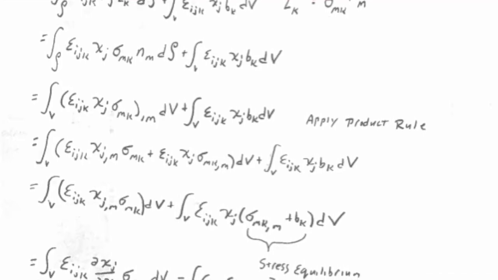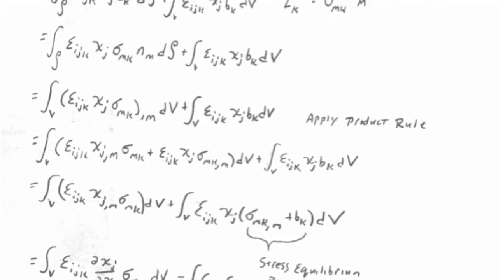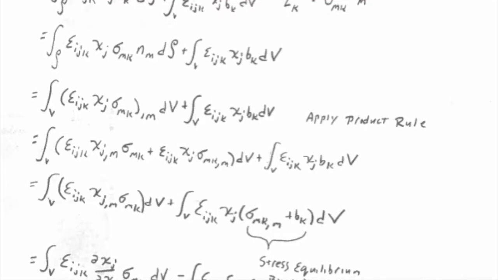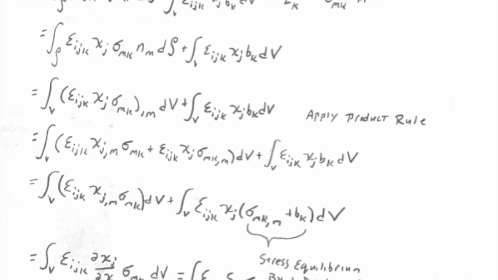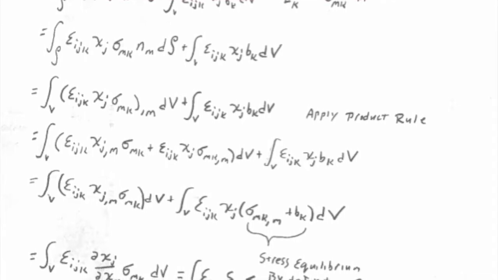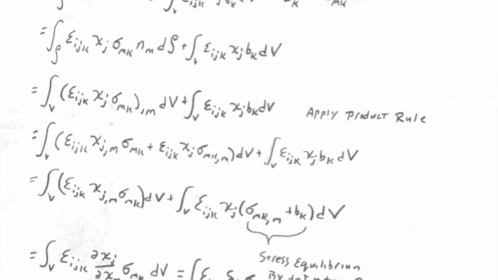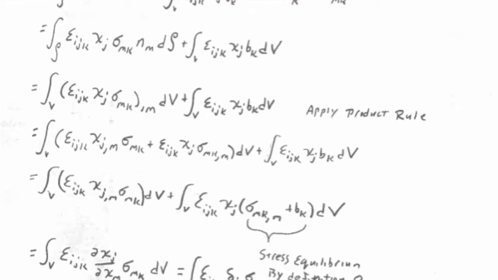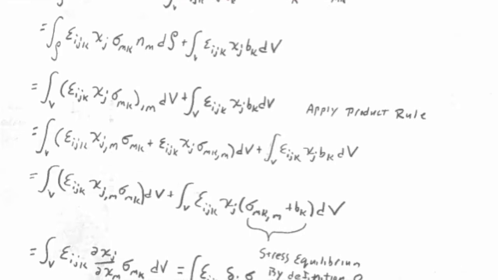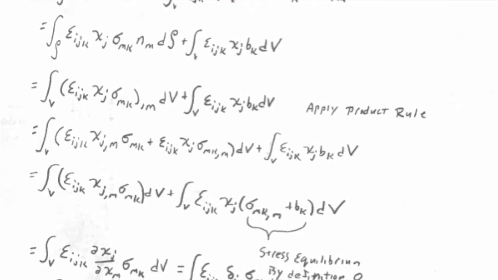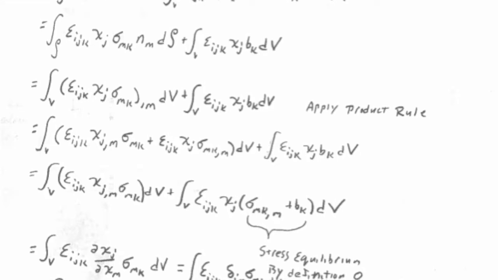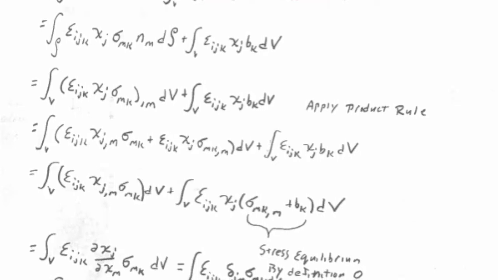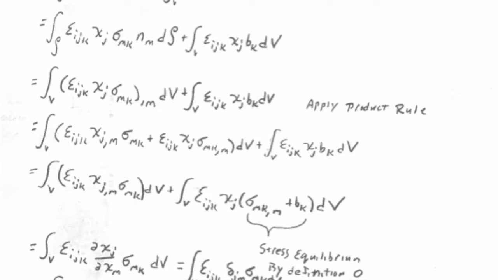So this is just the product rule: first times the derivative of the second, plus second times the derivative of the first. Then we're going to do a little algebra and put everything that has x j together. They're both integrals over the same volume, so because of linearity we can move this from here over to this side.